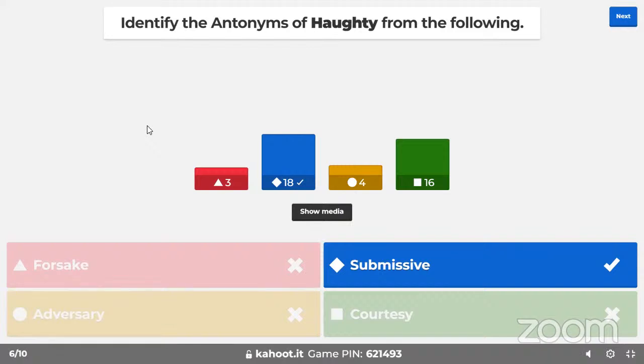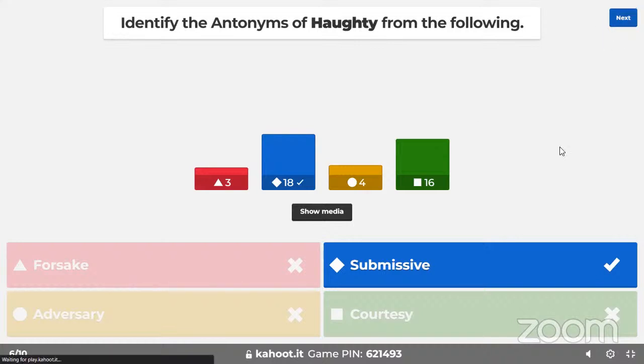Time's up. So submissive was the correct answer. 18 among you have answered it correctly, and that question was for the NIFT ones. Such questions, antonyms and synonyms, are more often asked in the NIFT question papers. So 6 questions down.